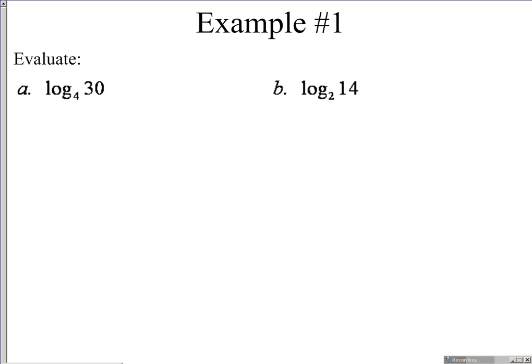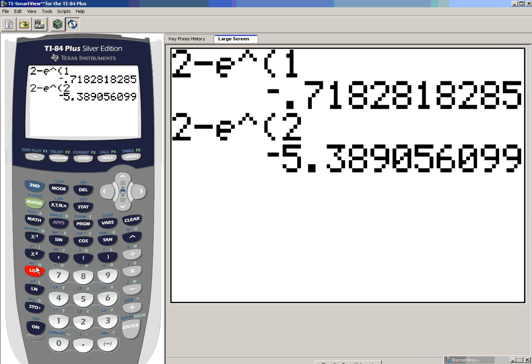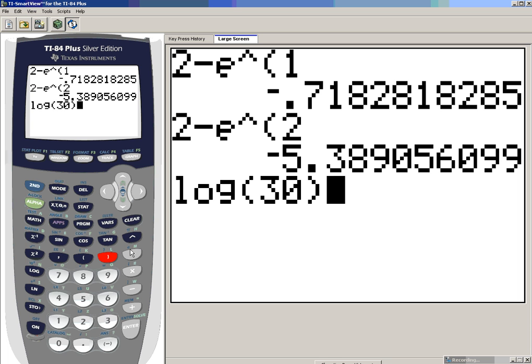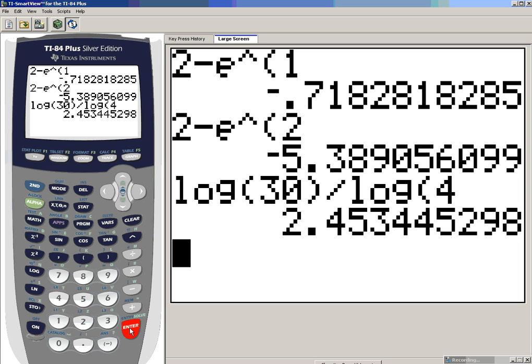So letter A here. I'm going to take the logarithm of the argument over the logarithm of the base. Go to the calculator and plug this in. Log 30. Make sure you use parentheses properly. Close that argument. Divided by log of 4. We get that.